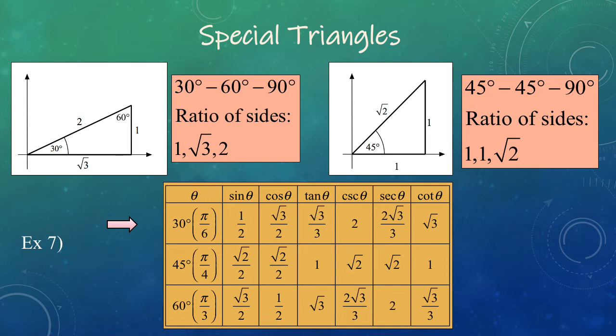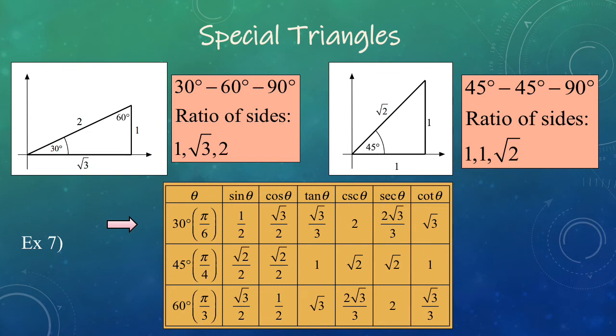The tangent of 30 degrees is 1 over the square root of 3 or the square root of 3 over 3. The cosecant of 30 degrees is 2, while the secant of 30 degrees is 2 over the square root of 3 or 2 root 3 over 3, and the cotangent of 30 degrees is simply the square root of 3.